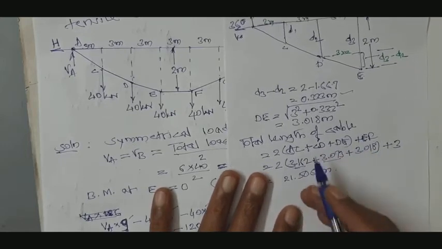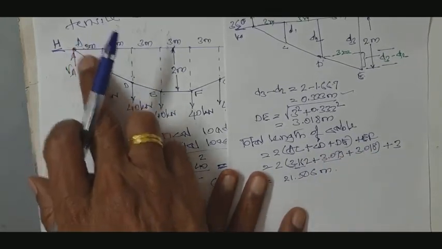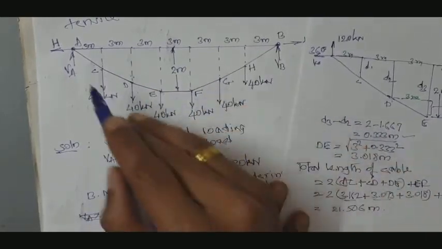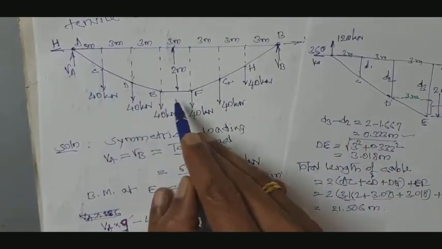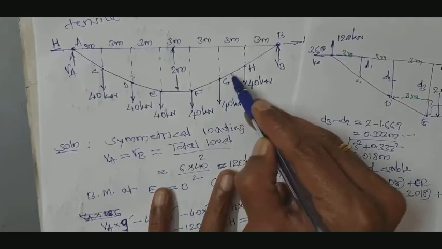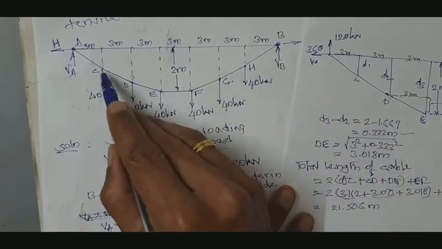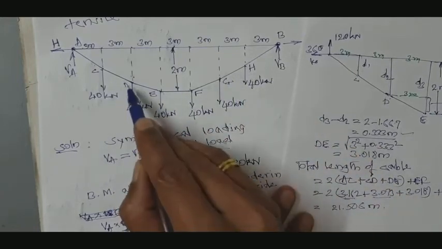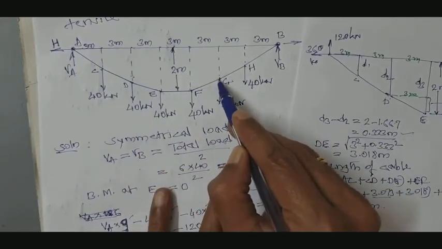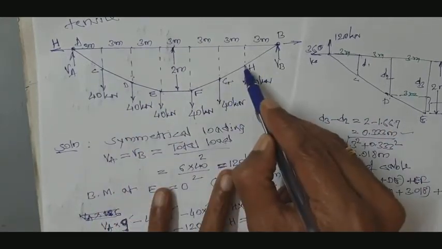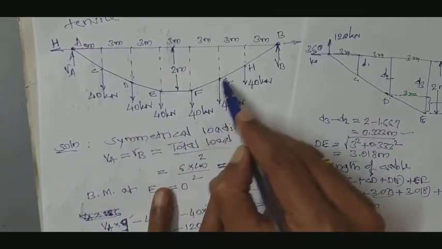Therefore, the total length of the cable will be AC plus CD plus DE. If you double it, you will get FG plus GH plus HB, because AC equals HB, CD equals GH, DE equals FG.